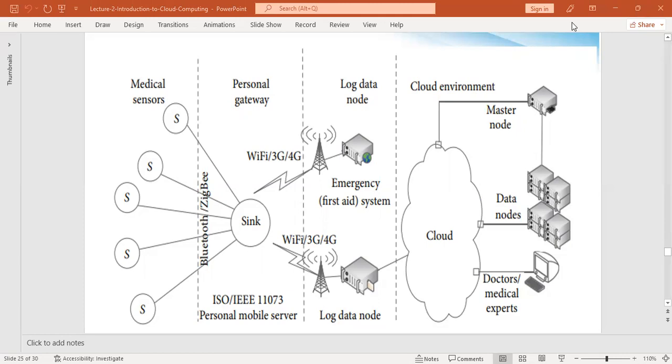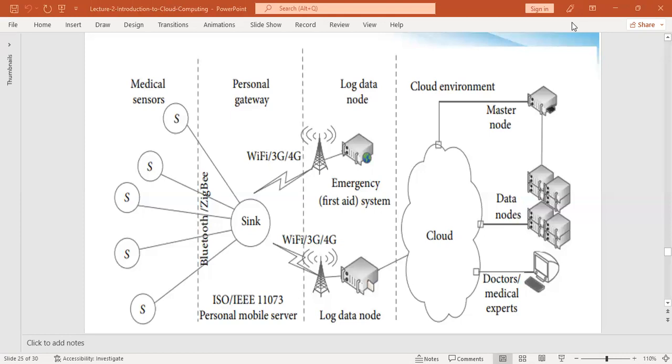These are all basically plug and play. They are connected in such a way that they only need to operate in a plug and play manner. These sensors use Bluetooth or Zigbee for communication, and the standard we are following is IEEE, and they will all be connected with a personal gateway.